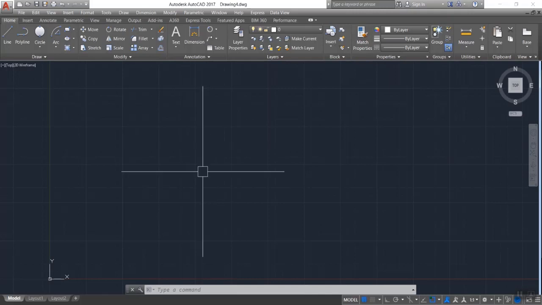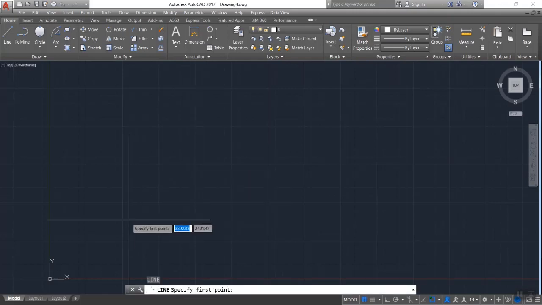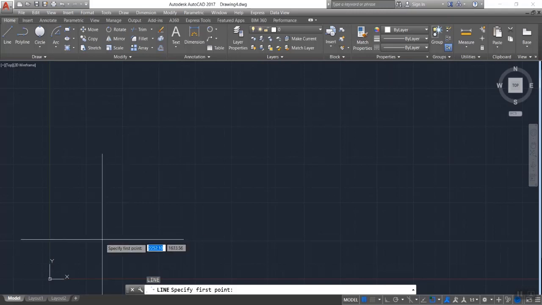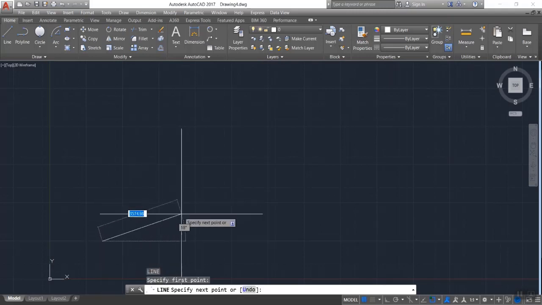Let's see how it is done. First L enter. If you want a specific x and y coordinate, you can apply the absolute coordinate method, or in this case I'm just putting a starting point somewhere on the drawing area. So I've mentioned my starting point.